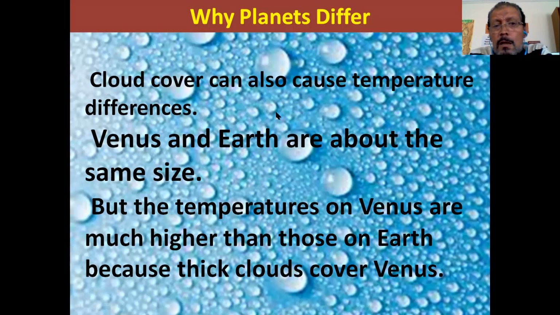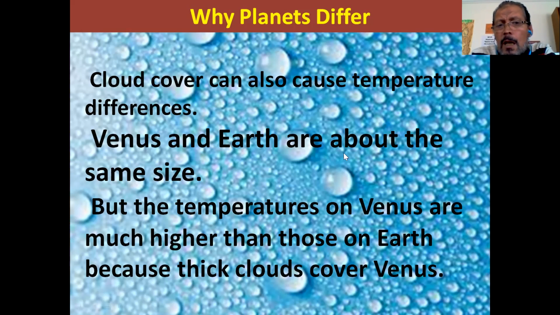The kind of gas inside the atmosphere makes a process like a greenhouse, and this keeps the heat inside the atmosphere, between the planet's surface and the atmosphere.